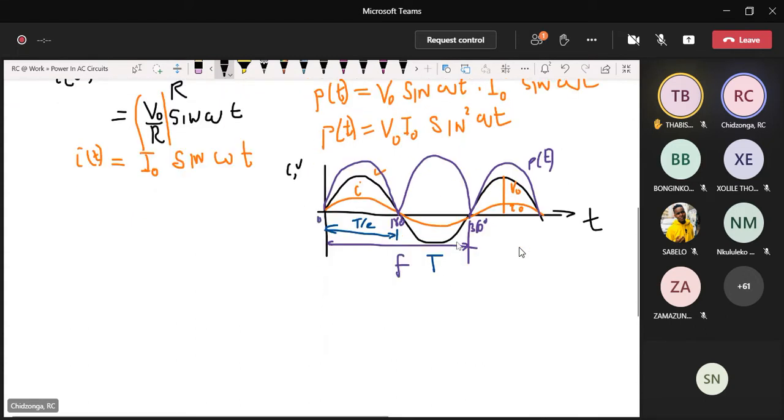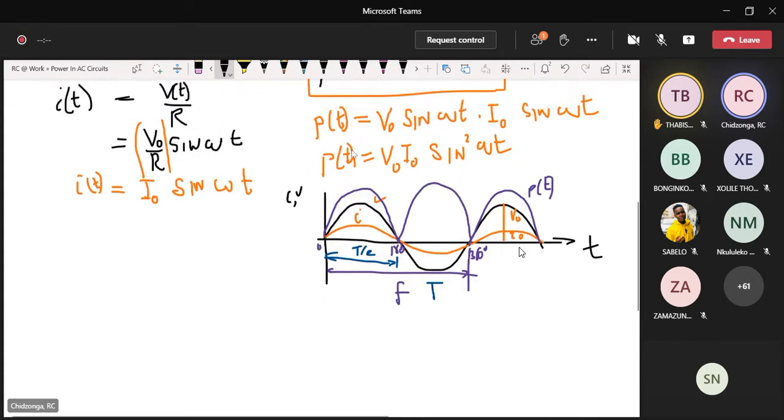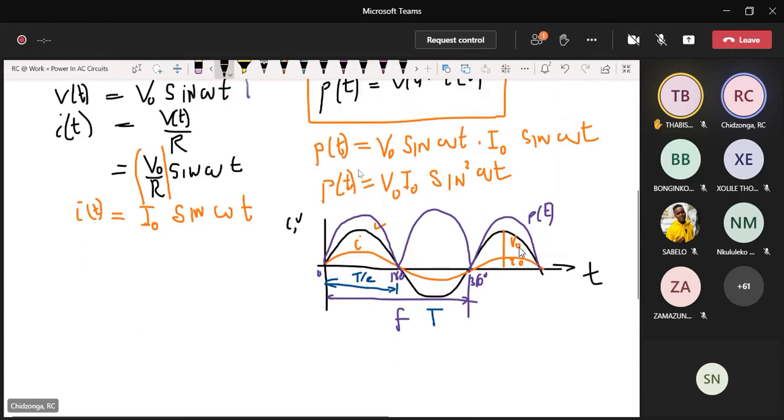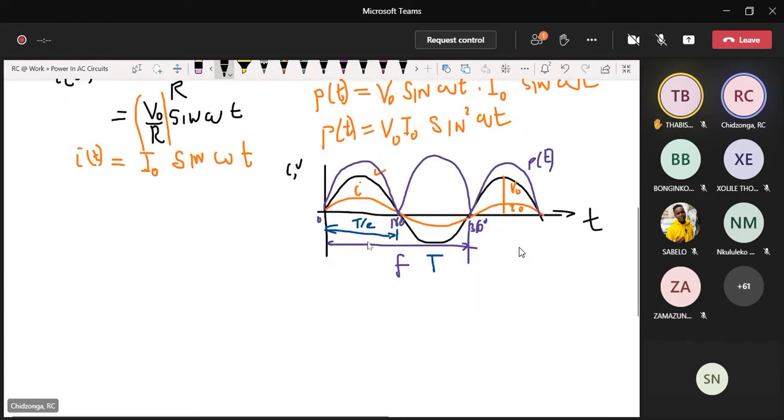So I was saying we need to actually find the average, all right? Now, the average power, I'm going to write it like this. P bar is equal to 1 over the period, right? This period for the power signal.